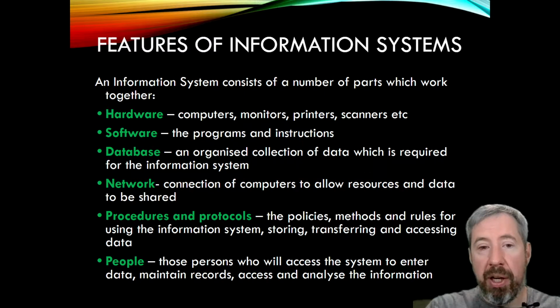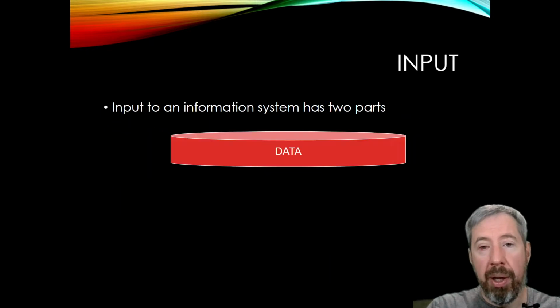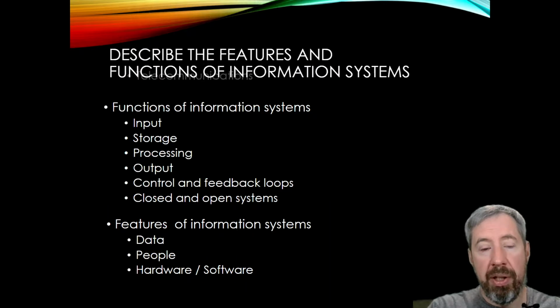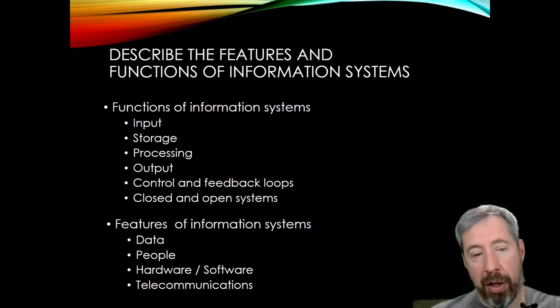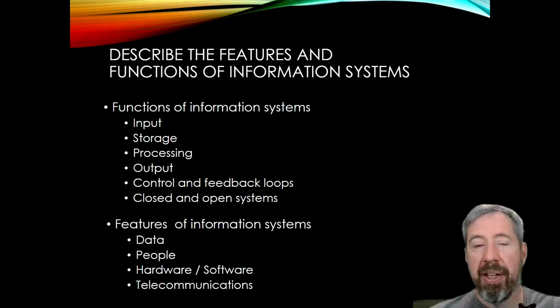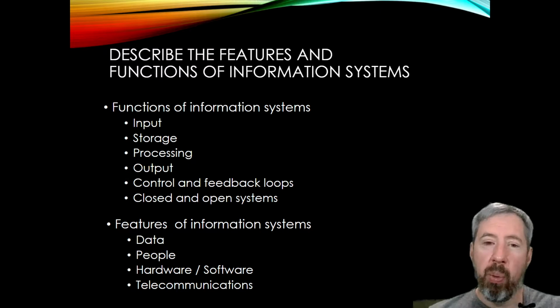So I want you to go through this list here and explain each one of these. So go through them in order. Oh, the telecommunications, I don't think I've included a slide on that. That's just the ways that a company might communicate.